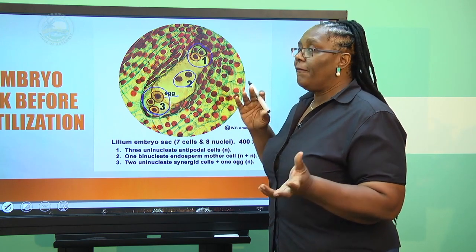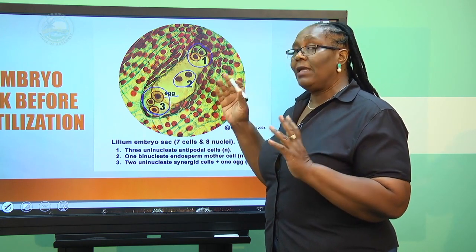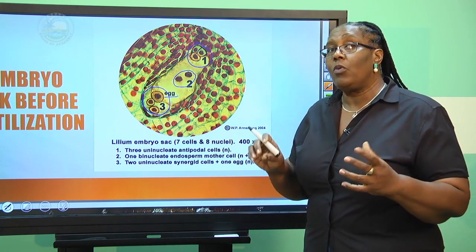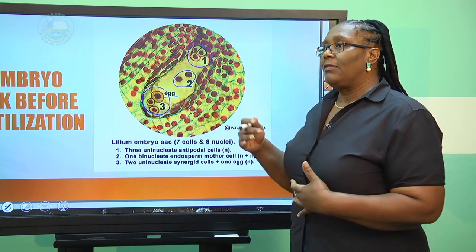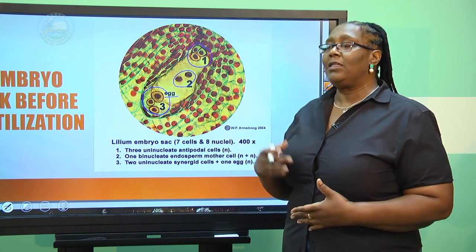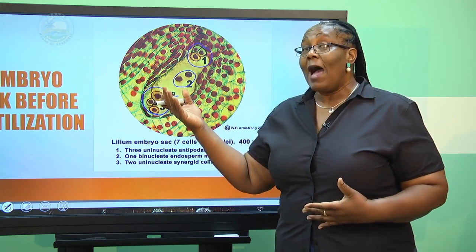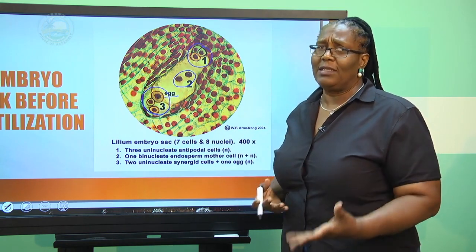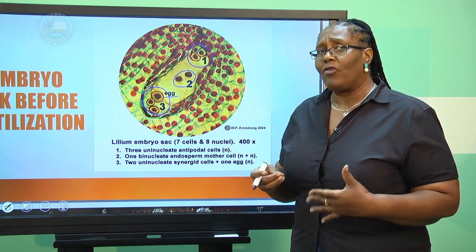So if you want to figure out which end would be the antipodal cells and which end would be the egg cell, look to see where the micropyle is. Because in some books you may see the antipodal cells on one end, and in other books you'll see on the other end. So people get confused because they say, Miss, I don't understand. Look for the micropyle.